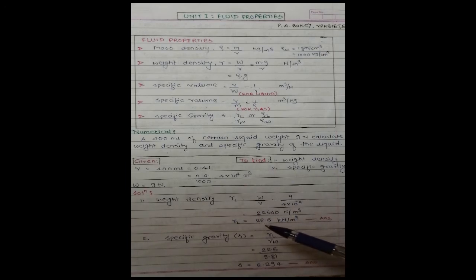This can be written as 22.5 kilonewton per meter cube. The next quantity to find is specific gravity. Specific gravity is weight density of liquid divided by weight density of water, that is 22.5 divided by 9.81, which is equal to 2.294. So this is a very simple numerical.